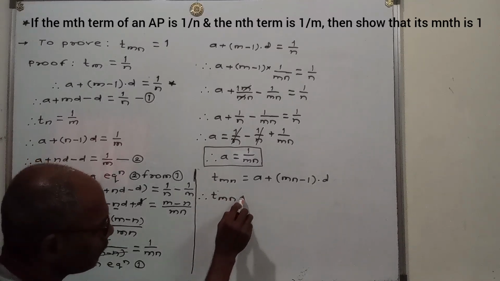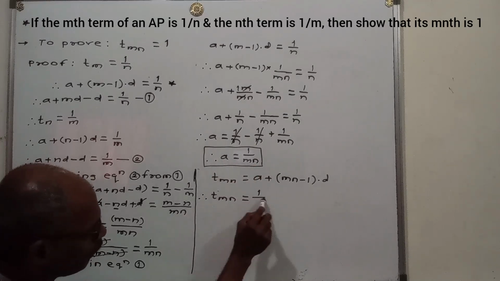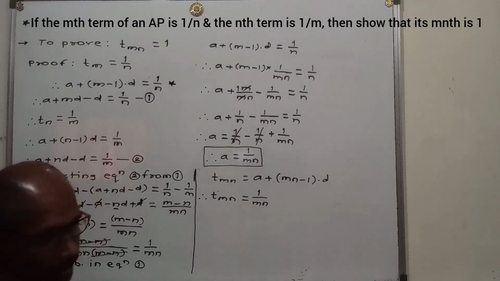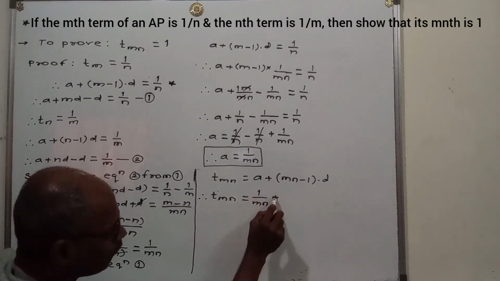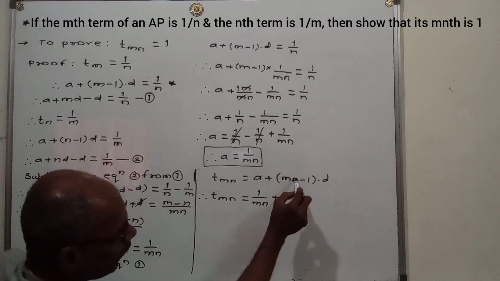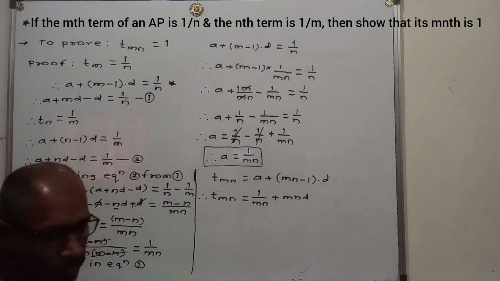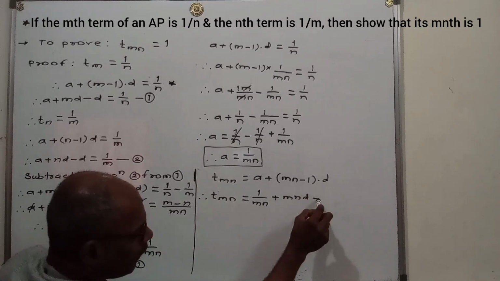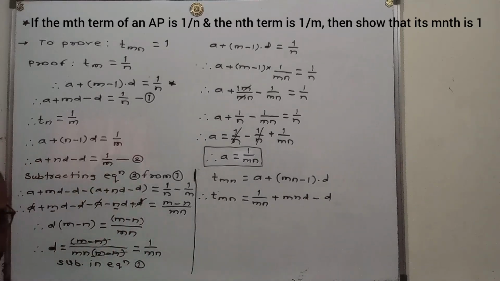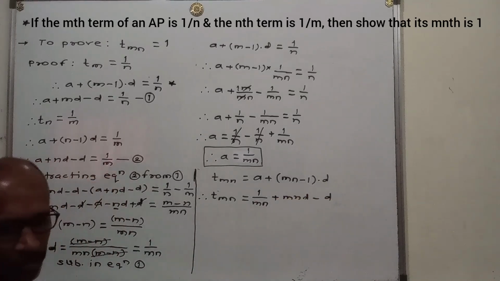Very simple idea. What is the value of a? The value of a is 1 upon mn, plus mn into d, minus d. Did you get it? mn into d minus 1 into d.